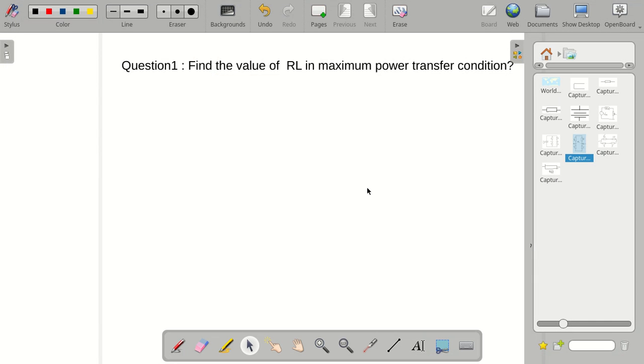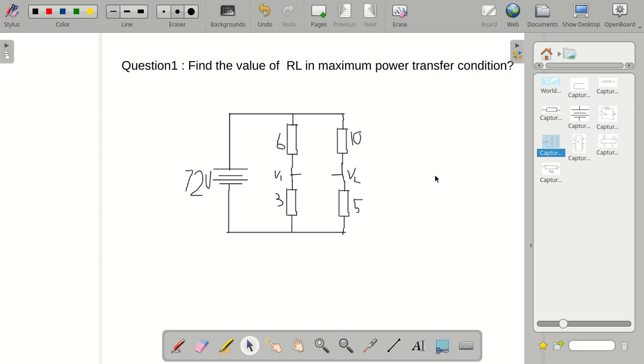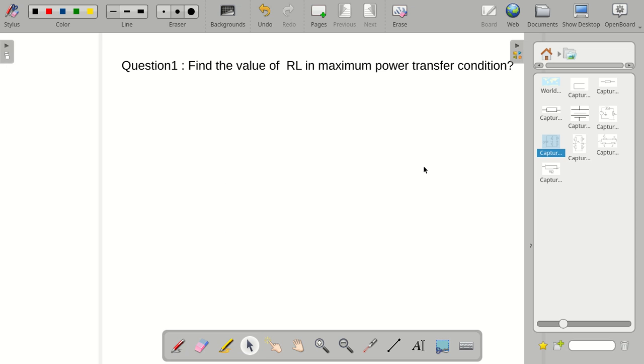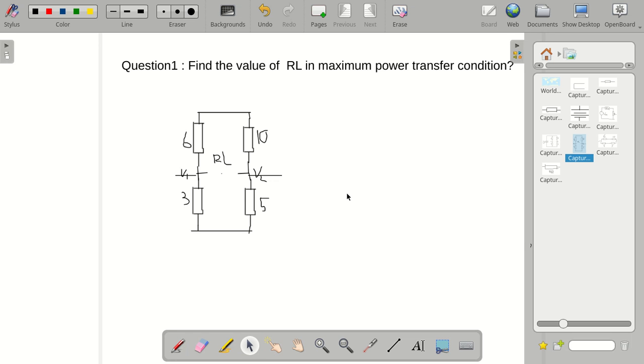To find the Thevenin resistance, we have to remove the RL again, and we must deactivate this voltage source. So the circuit looks like this. We should find the equivalent resistance between these 2 points.